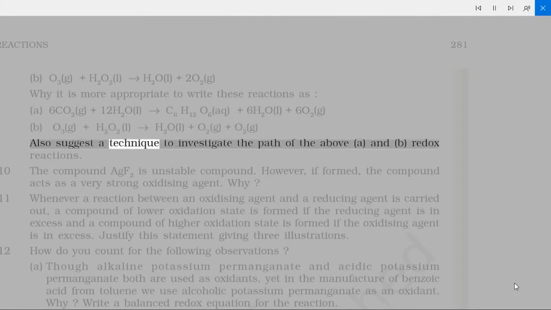Also suggest a technique to investigate the path of the above A and B redox reactions.